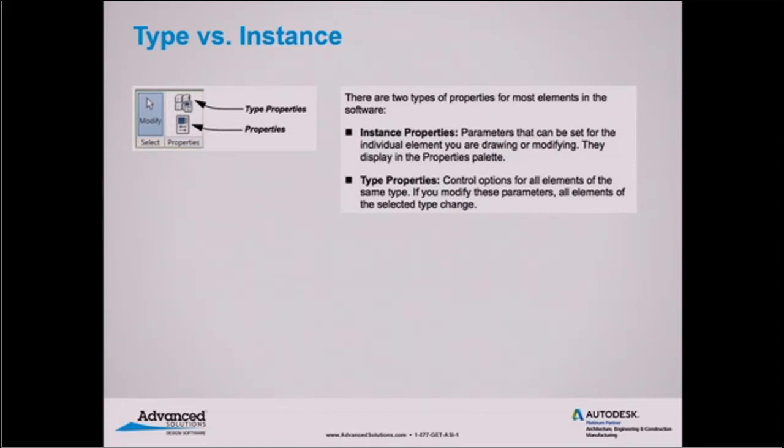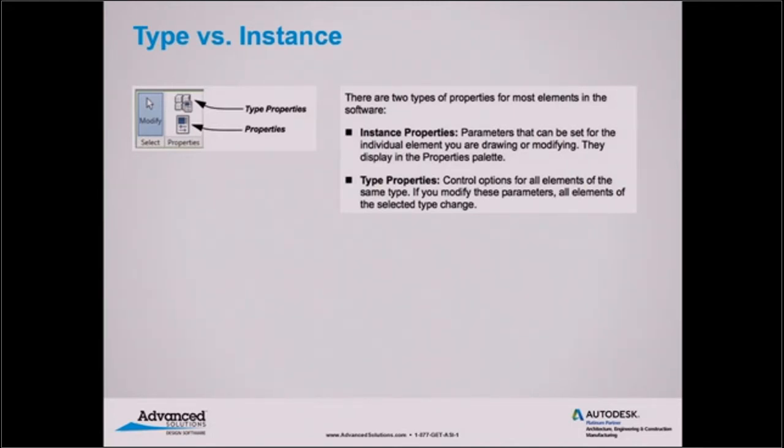A critical concept that you need to understand when you're working in Revit is the idea of type parameters and instance parameters. All the information attached to elements in Revit are parameters, okay? And there's two different categories of parameters.